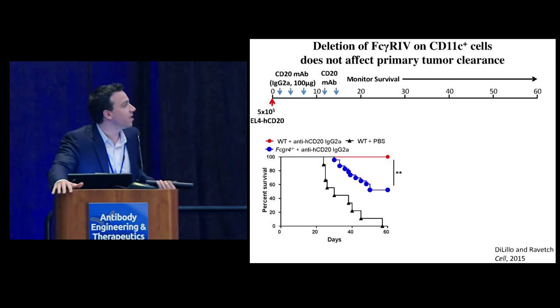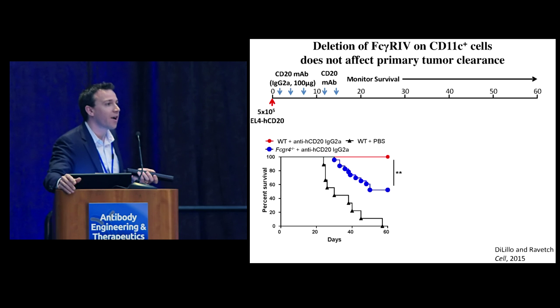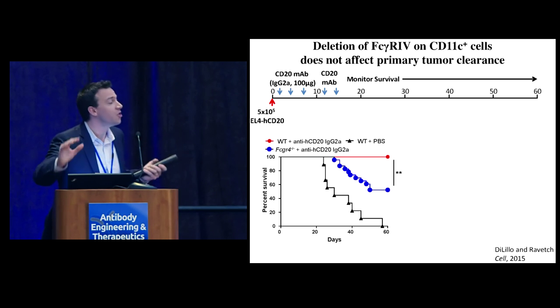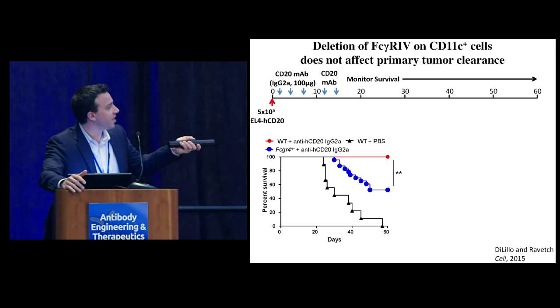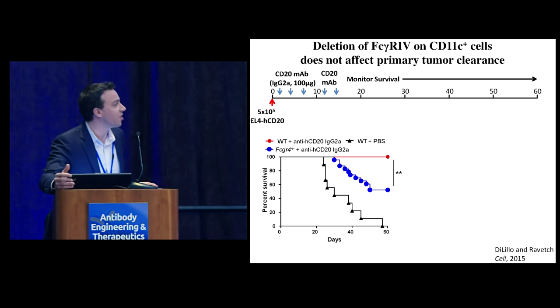And so we performed the same experiment as before to understand whether FcγR4 is required on all cells or on dendritic cells during the primary tumor clearance through cytotoxicity. As you can see, if you have FcγR4 deficient mice, so the entire immune system is lacking FcγR4, you see a significant impairment in the mice's ability to clear their primary tumors through cytotoxicity, showing that FcγR4 is one of the main effector FcRs during tumor clearance.